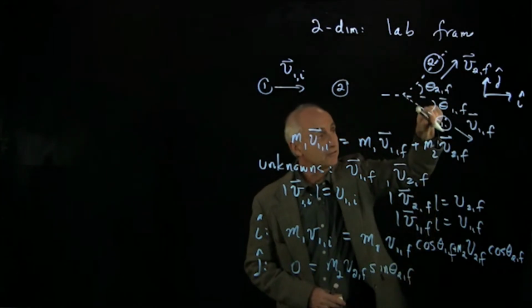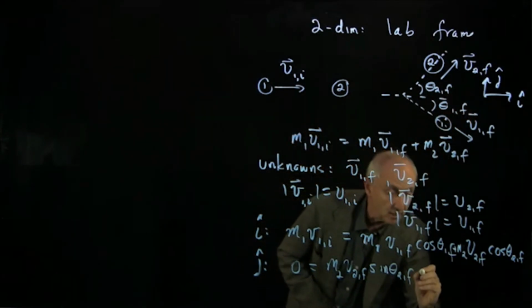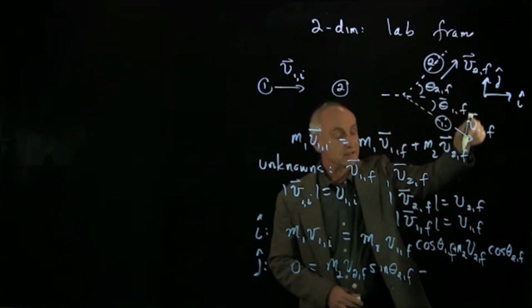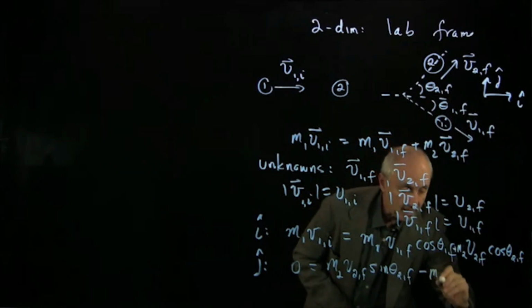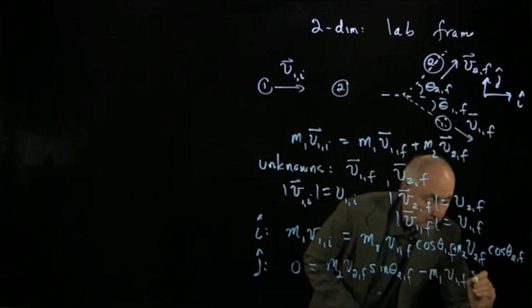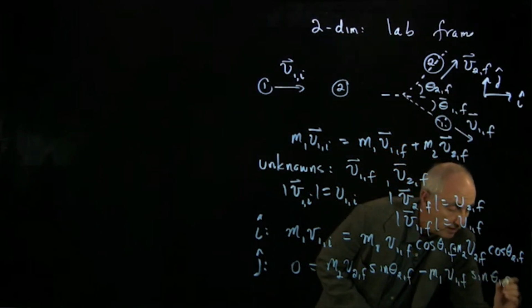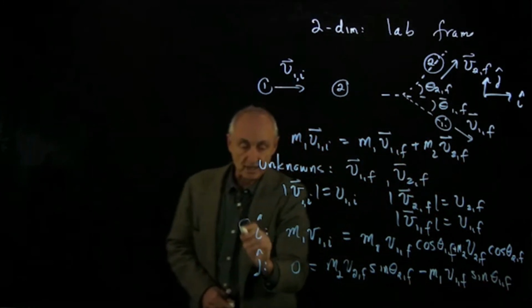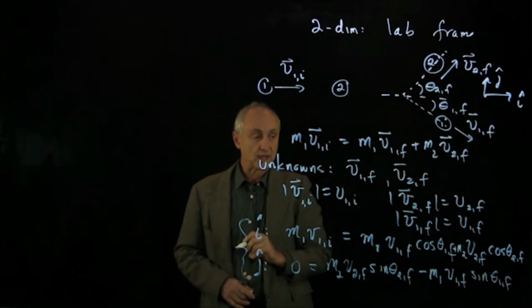Now here's where we have to be careful because this one is negative. The component is in the negative j hat direction, and we have m1 v1 final sine theta 1 final. And these two represent our momentum equations.